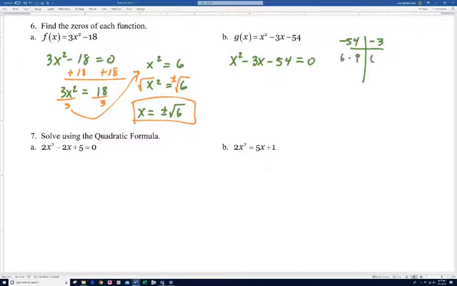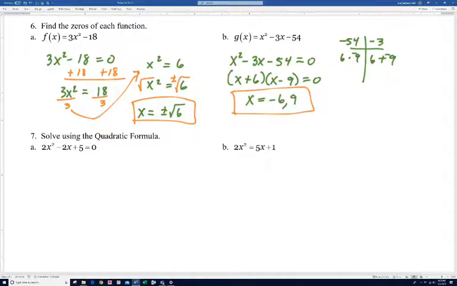Notice here 6 and 9 are going to work, and I need the negative 9 to be negative to make this work. So 6 times negative 9 is negative 54, and 6 plus negative 9 is negative 3. So we have x plus 6 times the quantity x minus 9 equals 0. We're going to get x equals negative 6 and 9.